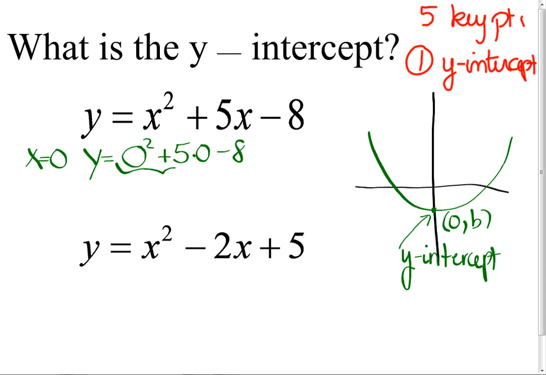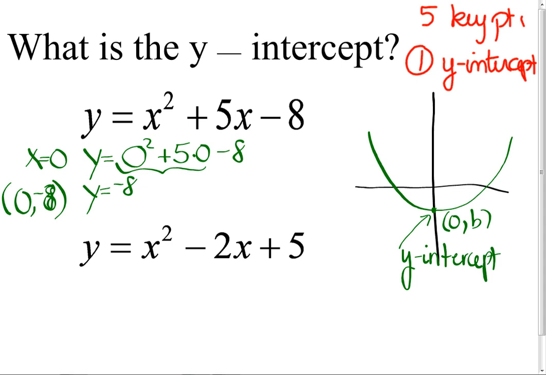What are these going to give you? That's right, that's 0. What's 0 take away 8? That's right. So what's the y-intercept? It's at (0, negative 8). Sorry, my 8 doesn't look very good.